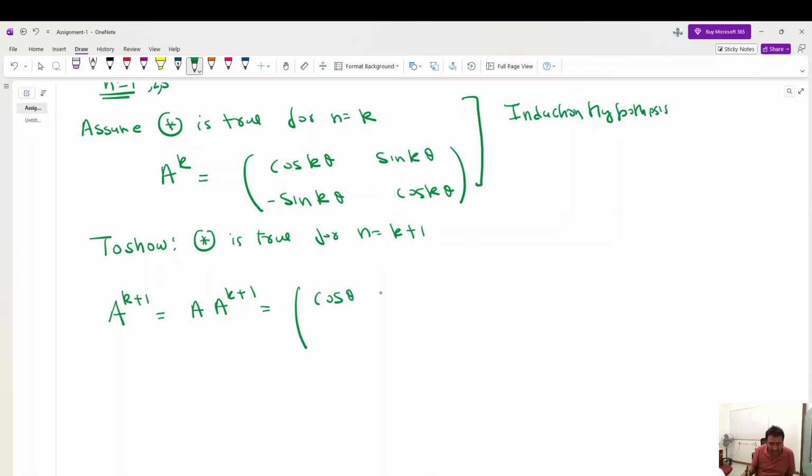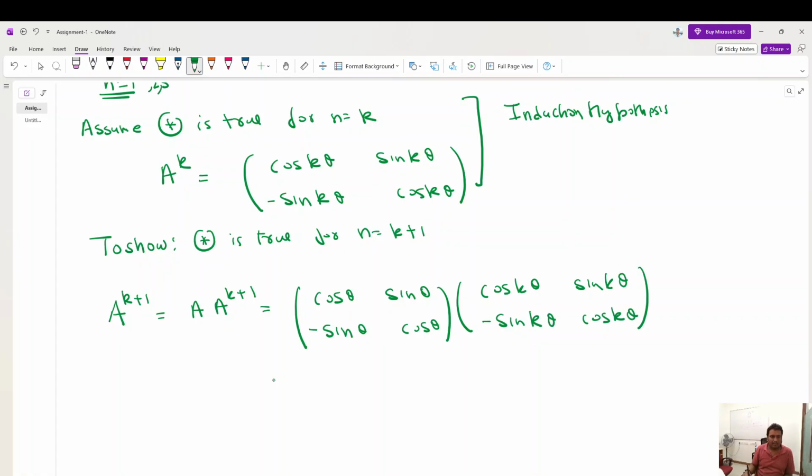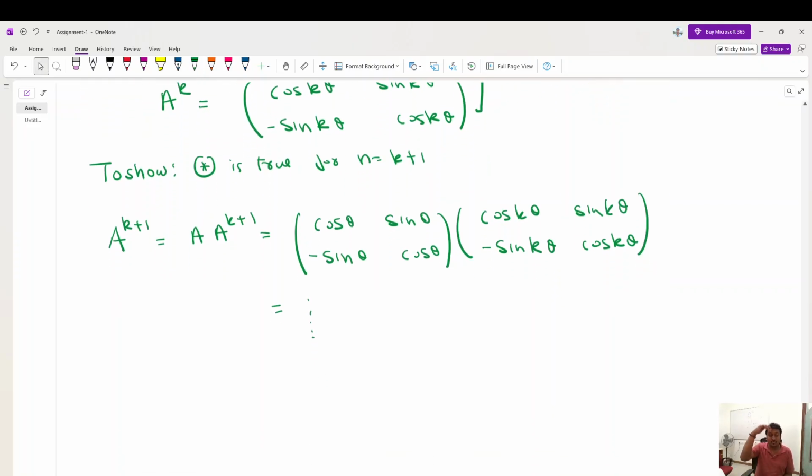So cos theta sine theta minus sine theta cos theta, times cos k theta sine k theta minus sine k theta cos k theta. Multiply it. I hope you can multiply. Use the two trigonometric identities. You will get this thing.